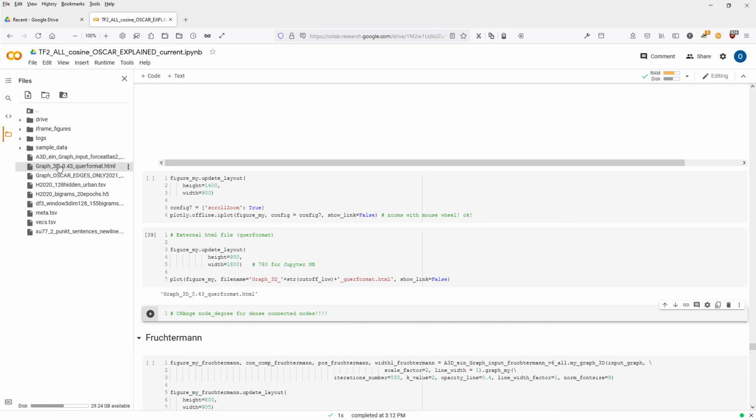Here we go. I make a download and I show you in Firefox. So you can see it here now. And it's the same representation we have already seen in a 2-dimensional space, simply in a 3-dimensional space.